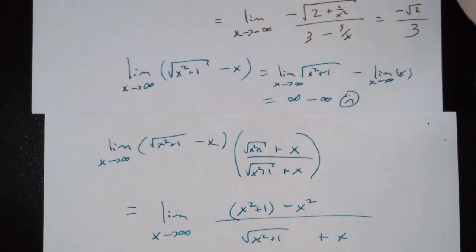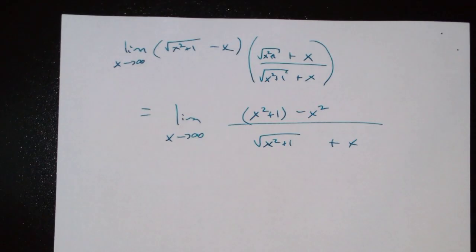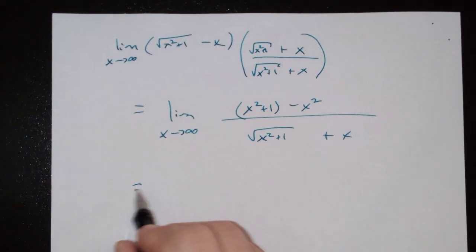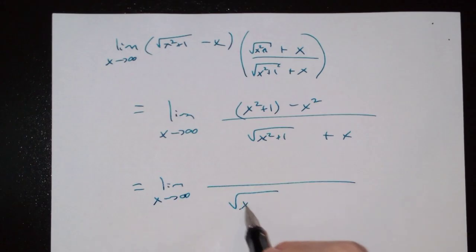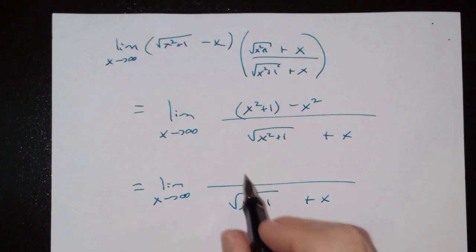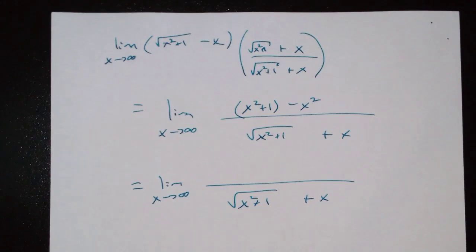What happens in my numerator? What happens up there? There's no power, but there's still something.